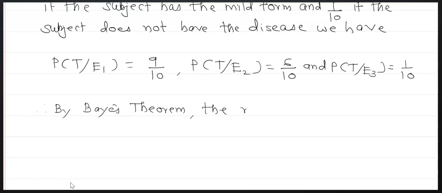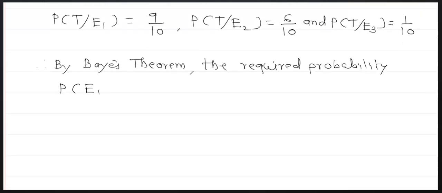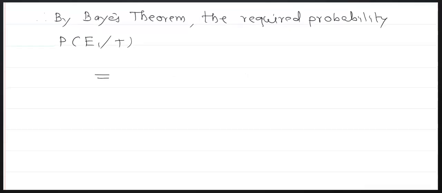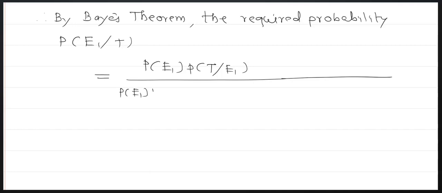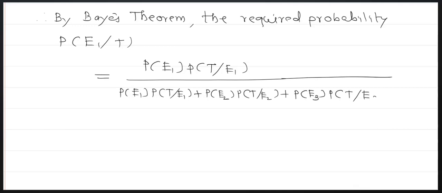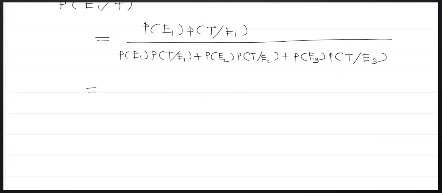Therefore, by the Bayes theorem, the required probability of E1 conditional T, which is the serious form blood disease, is written like this.